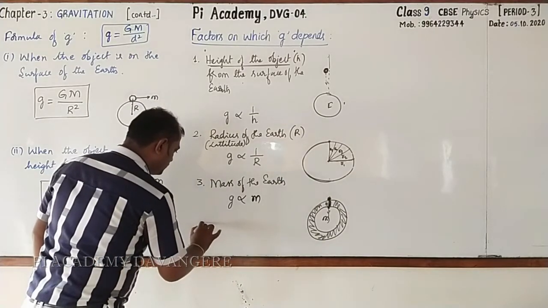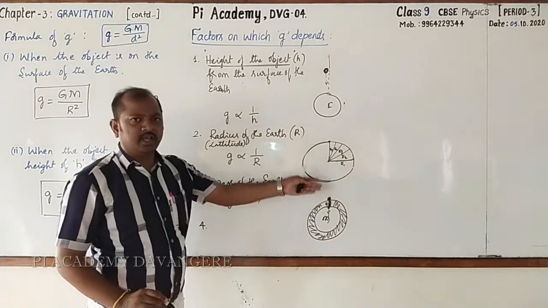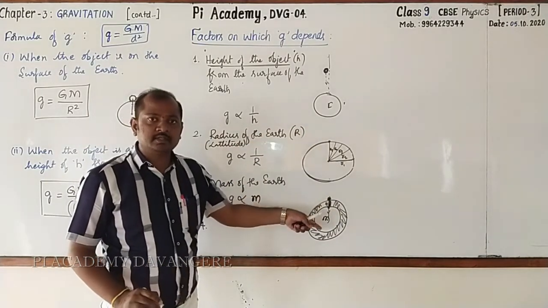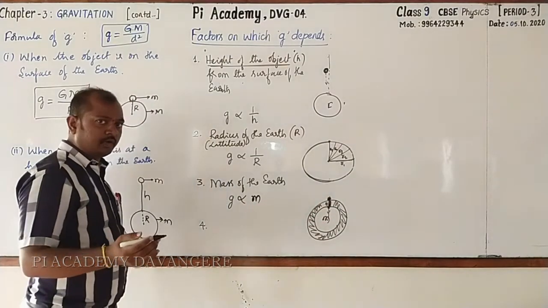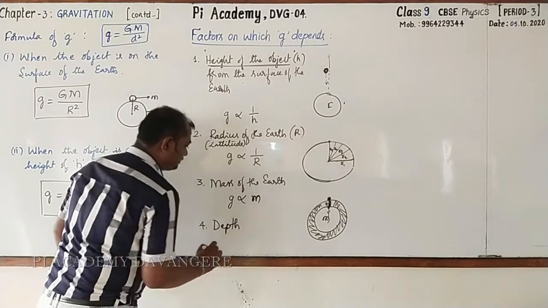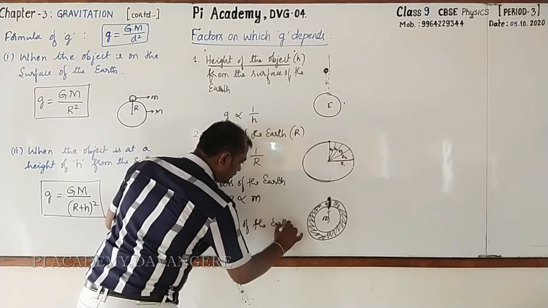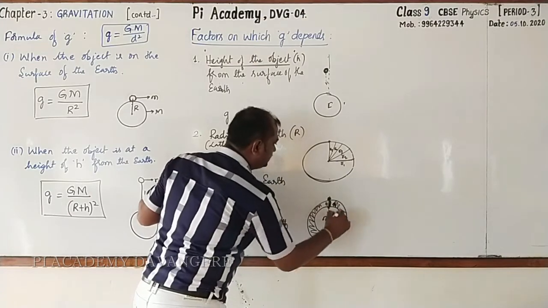Next, one more. As the depth of the earth increases, acceleration due to gravity decreases. Followed? So another factor is depth of the earth. You may consider the depth as small d.